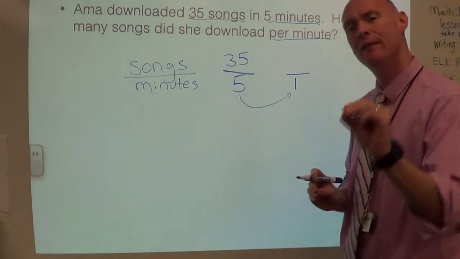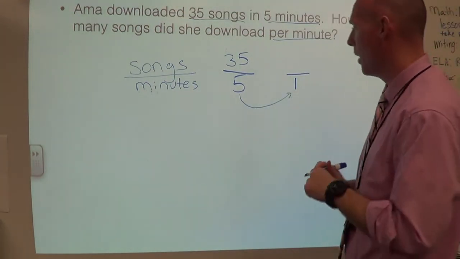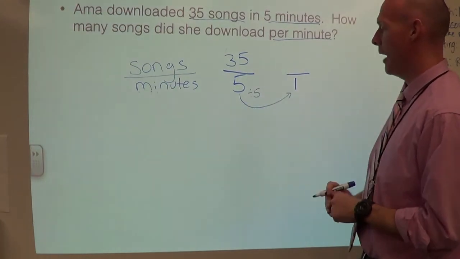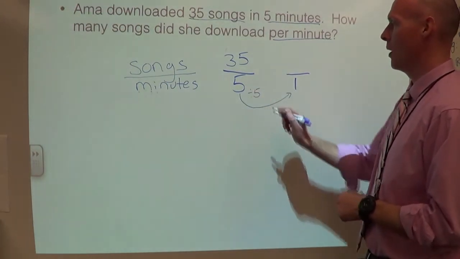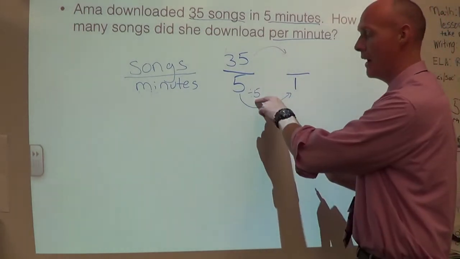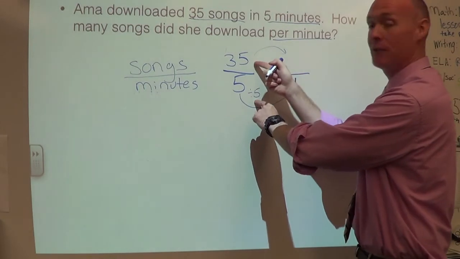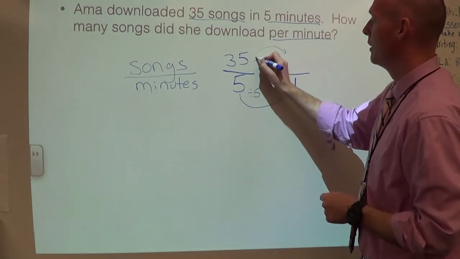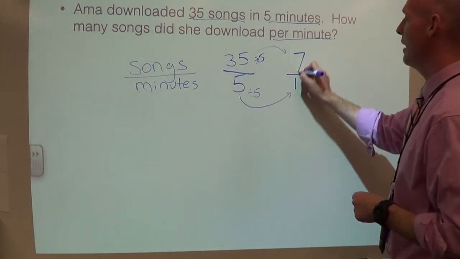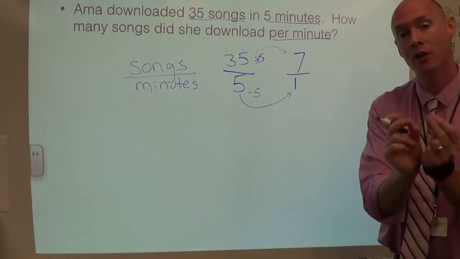What number do I divide 5 by to get to 1? Divide by 5. Okay, 5 divided by 5 is 1. Now, what do I do to that 35? Well, if I divide the denominator by 5, I have to divide the numerator by 5. 35 divided by 5 is 7. Boom, we have our unit rate.